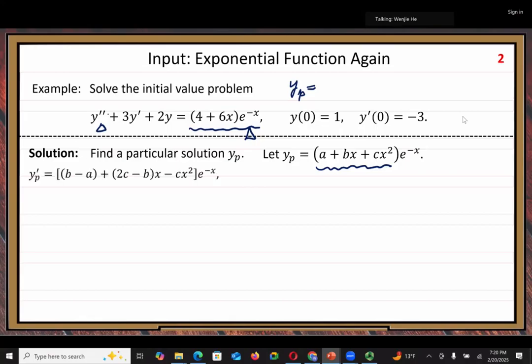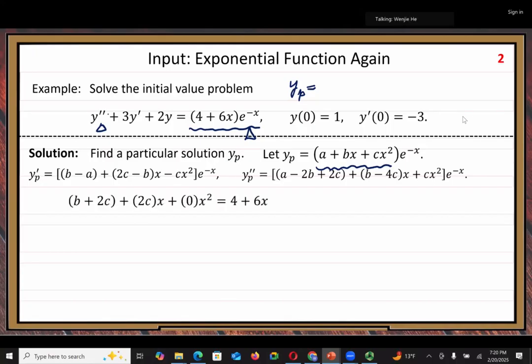So let us calculate the y prime expression, then the y double prime expression. Then you plug in. After you get this equation, you compare the coefficients on both sides.